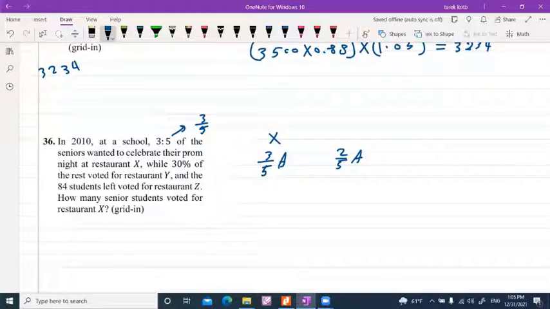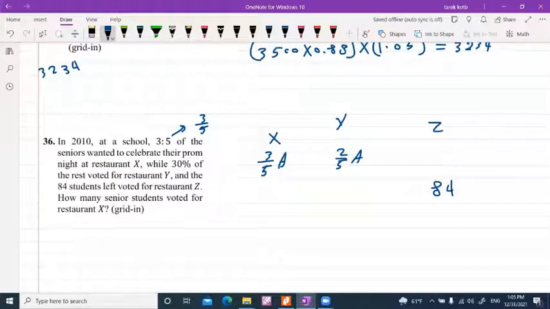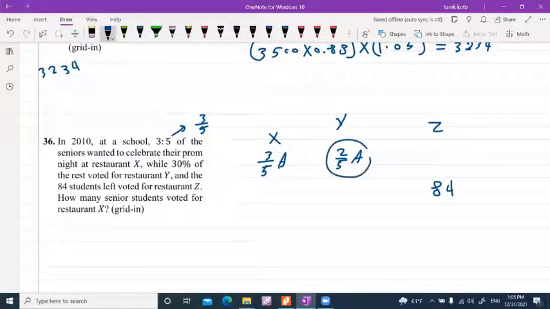Let me complete the problem. And 84 students left voted for restaurant Z. So this is Y and this is Z. 84 students here. Okay, and 30% of the rest voted for Y. If 30% voted for Y, this times 30%.